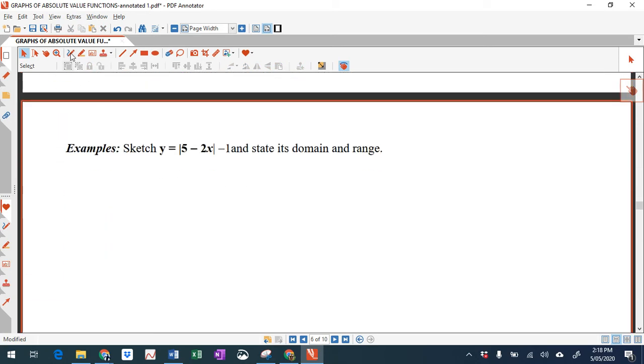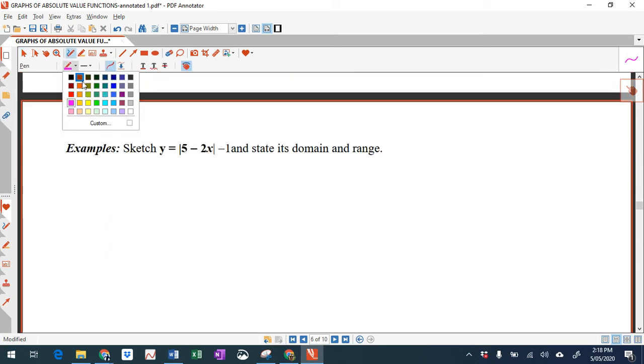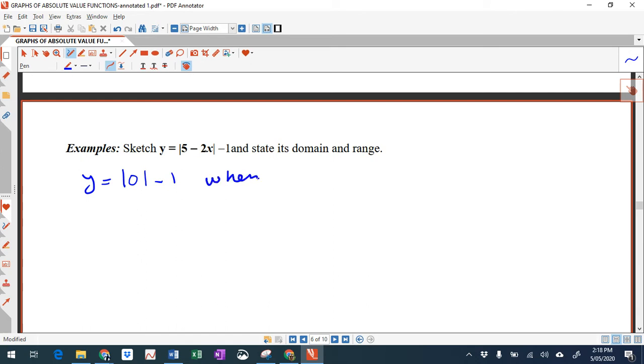Now for this one, we're first going to look at finding the vertex. So step 1 is to find the vertex by looking at the zero case. So the zero case is when everything inside the absolute value is 0. And that occurs when the expression inside the absolute value is equal to 0.